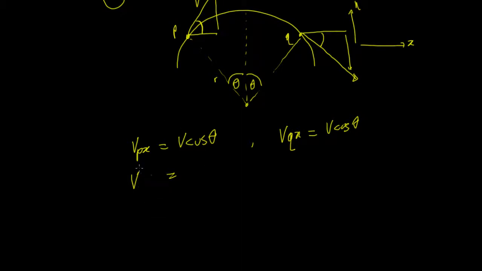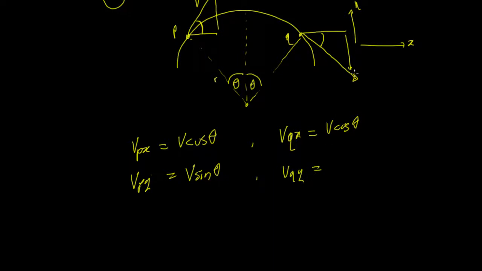So we've got P in the x, Q in the x, so we're going to have P in the y. The velocity of P in the y direction is just going to be v sine theta, and then we have the velocity of Q in the y direction.